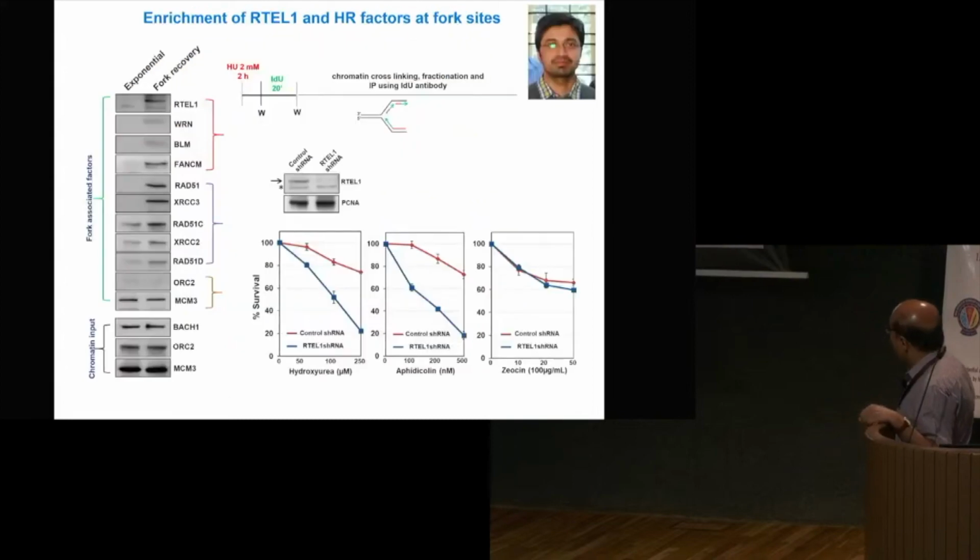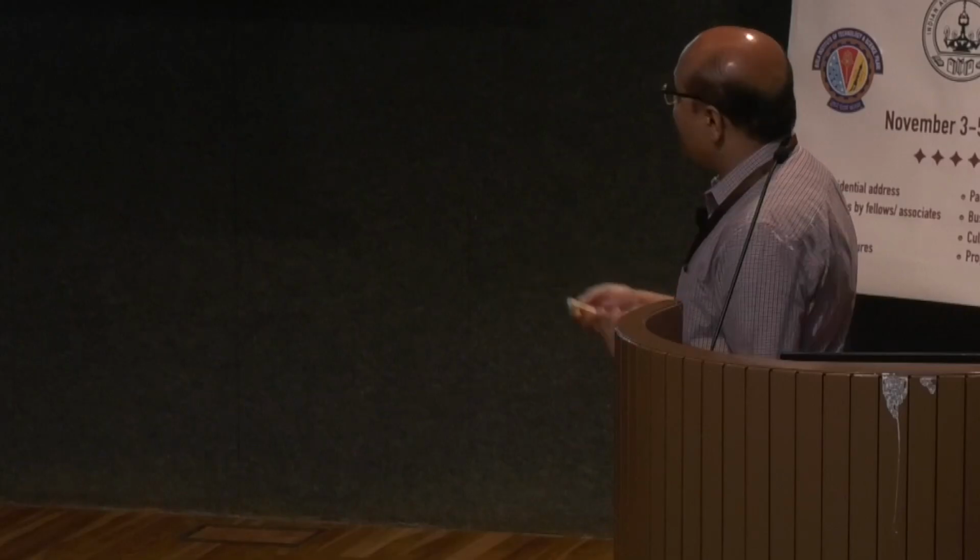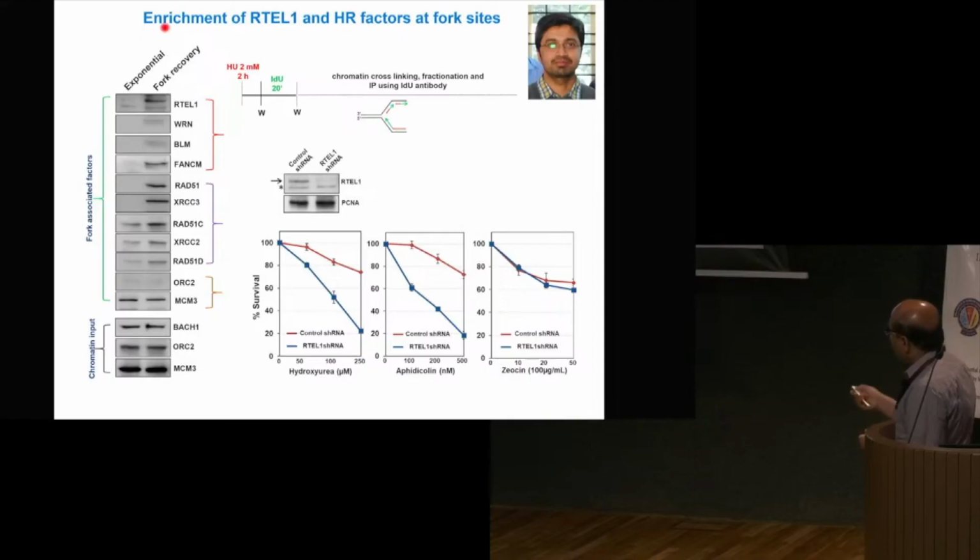To study this, Kumar, who started this work, carried out an iPOND experiment, that is, isolation of proteins on nascent DNA. You label the replicating sites with IdU, a halogenated thymidine analog, and then treat with hydroxyurea, which causes genome-wide replication stress. Later you do the pull-down with an antibody specific to IdU, and then Western blotting with all these known factors.